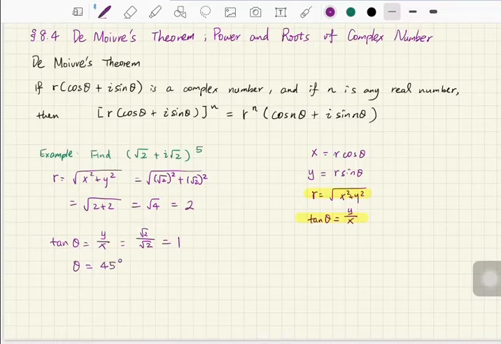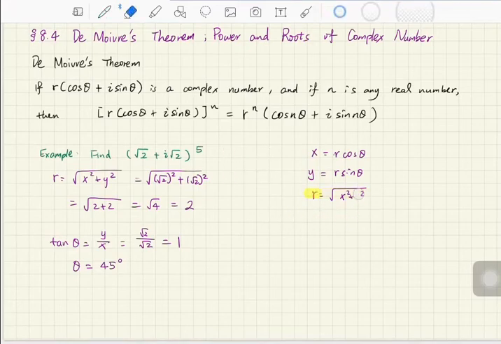Okay, also if we roughly graph it, the complex number square root of 2 plus i square root of 2 is in the first quadrant, so theta equals 45.